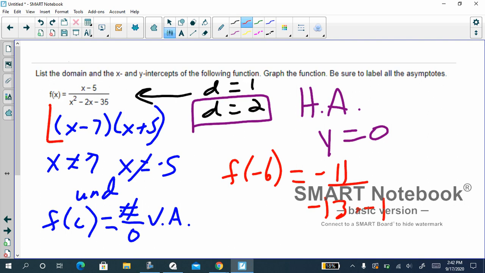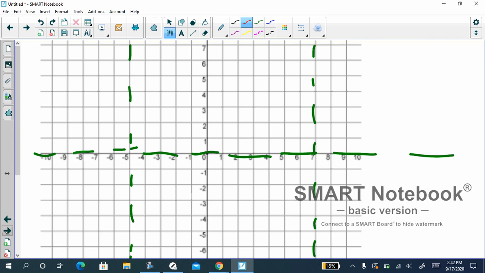I'm plugging it into the factored version of the bottom. So that would be 11 over 13. That's positive. So when x is -6, we're almost up to 1. Not quite, but almost. So most likely we are in this pasture. We are there.